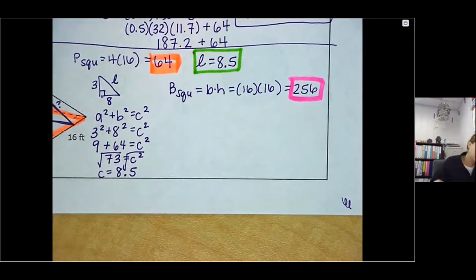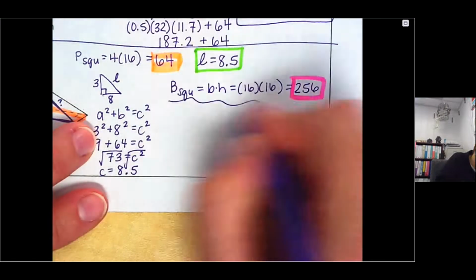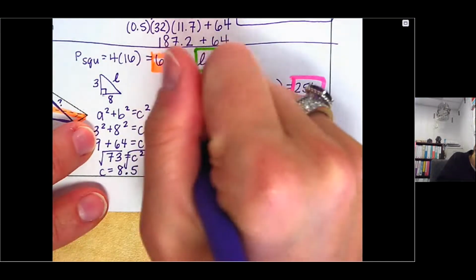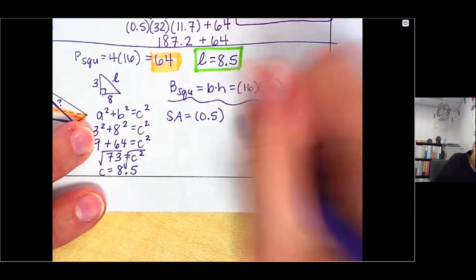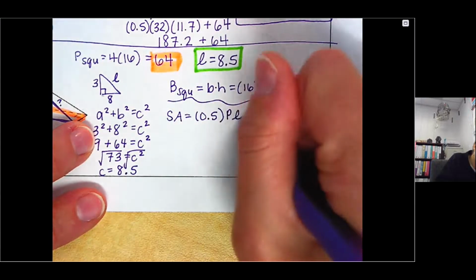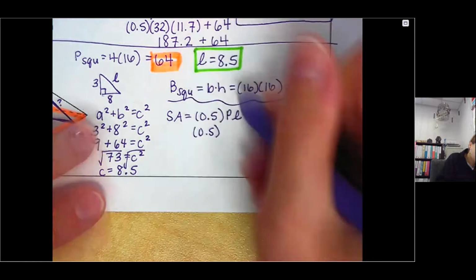And my final step then is to now take all this information and plug it into the surface area equation. Again, I like to put it as 0.5, or 1/2, times P times L plus big B. So now I substitute in.